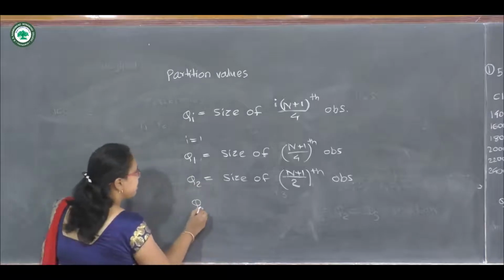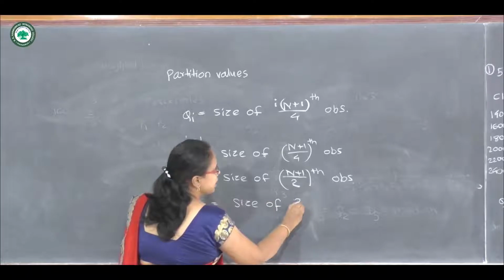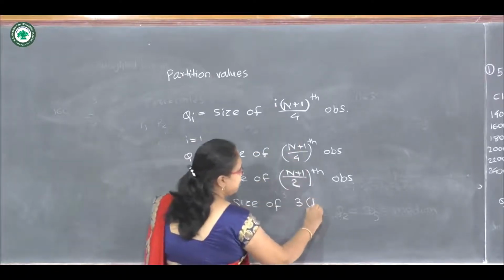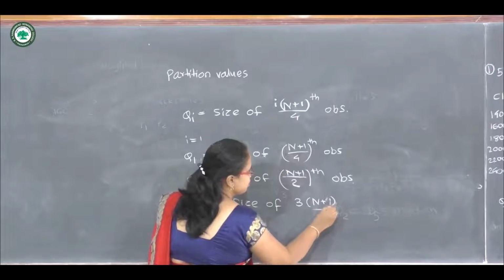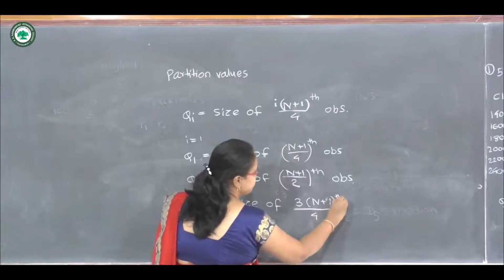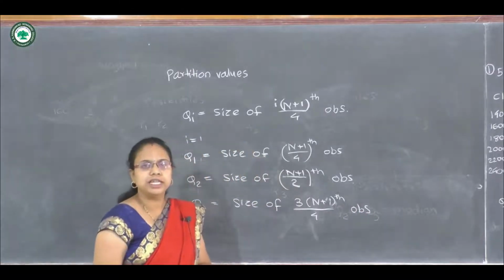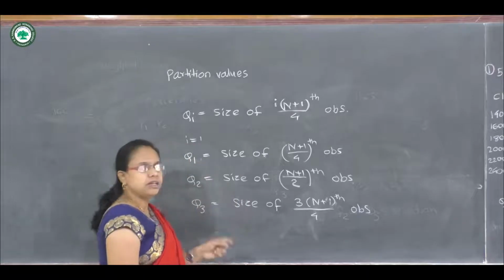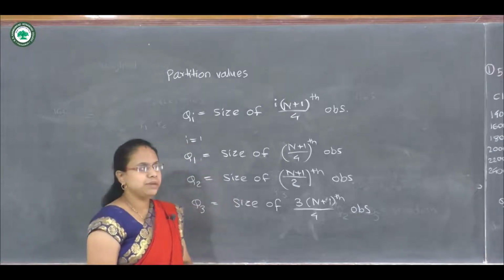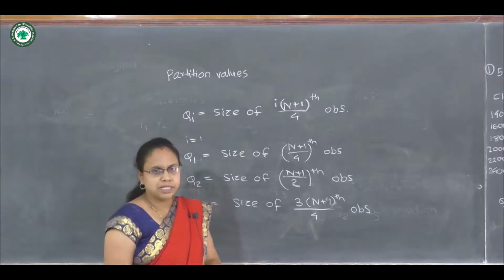Then Q3 can be calculated as the size of 3 into n plus 1 upon 4th observation after arranging the observations in increasing or decreasing order. So these are the 3 quartiles. In a similar way, we can obtain deciles and percentiles.